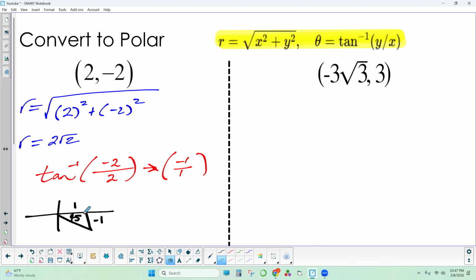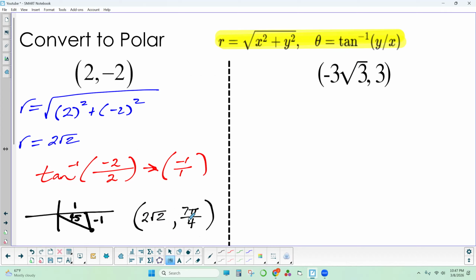So we have a 45, 45, 90 there. So that means theta is 7 pi over 4. All right. And so our polar coordinate is r, 2 root 2, and theta is 7 pi over 4.